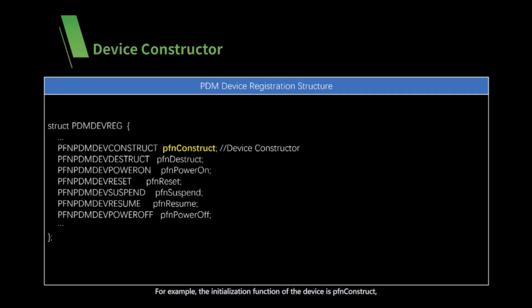For example, the initialization function of the device is pfnConstruct, the startup function is pfnPowerOn, and the restart function is pfnReset. These are unified device interfaces defined by VirtualBox, which are called by the VirtualBox main thread at an appropriate time.